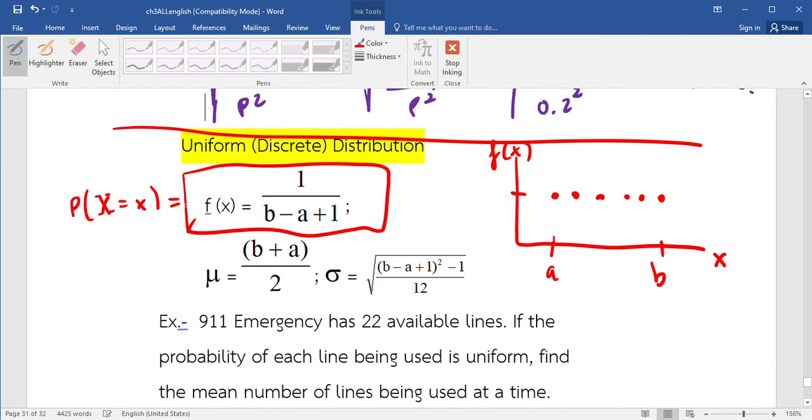And the mean and the sigma are given in these equations. The mean is a plus b divided by 2. The sigma is the square root of the variance.